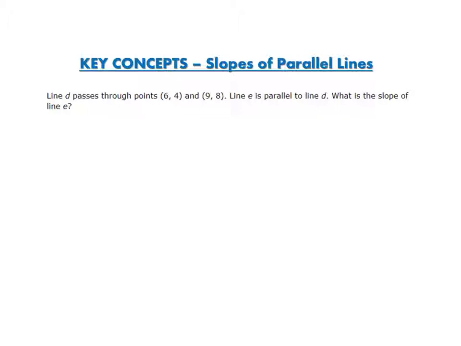This question says line D passes through points 6,4 and 9,8. Line E is parallel to line D. What is the slope of line E? Well, all we have to do is find the slope of line D to find the slope of line E. So we are going to mark this one as x sub 1, y sub 1, x sub 2, and y sub 2.